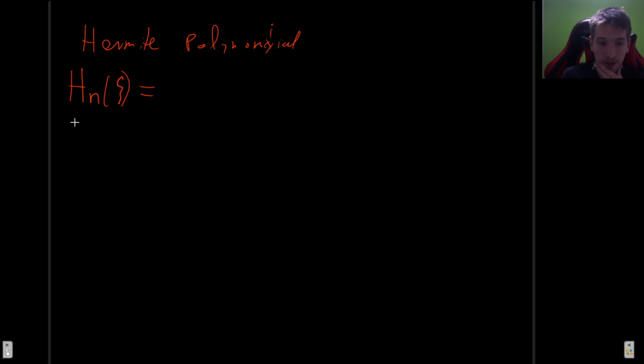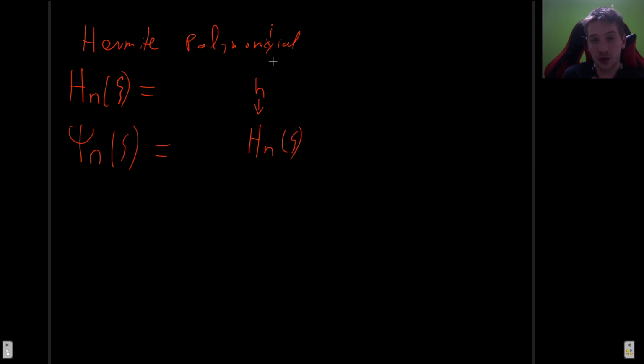Now we want to write some general formula for some state psi n of psi. We know that this is just going to be some Hermite polynomial here. This is basically just our small h. We change the notation because we recognize that this series is not just anything. These are the so-called Hermite polynomials.